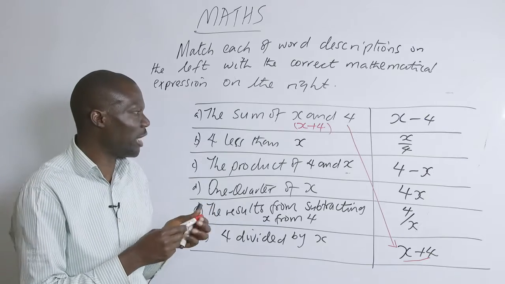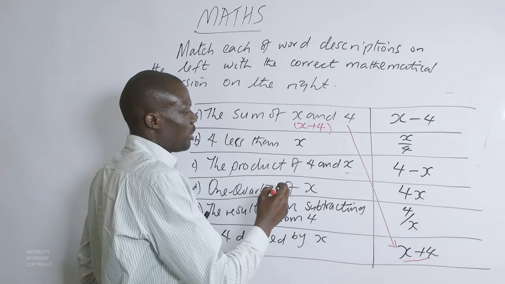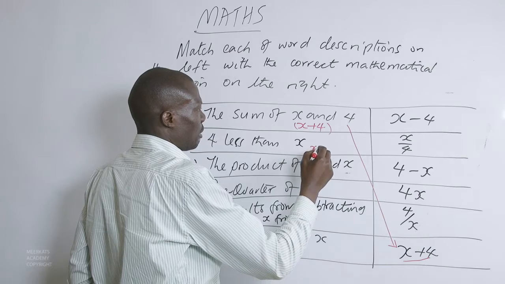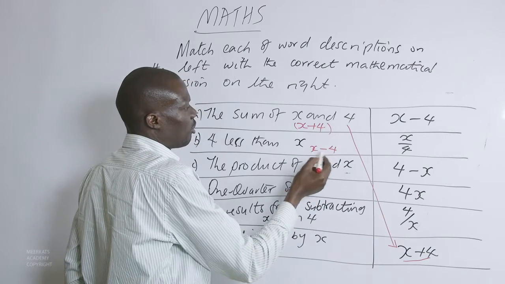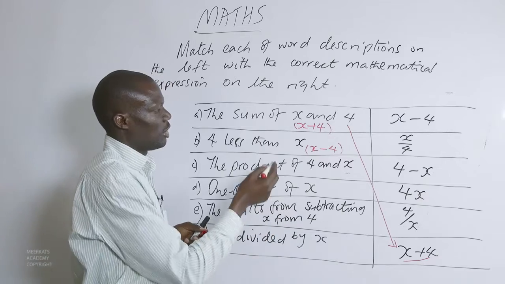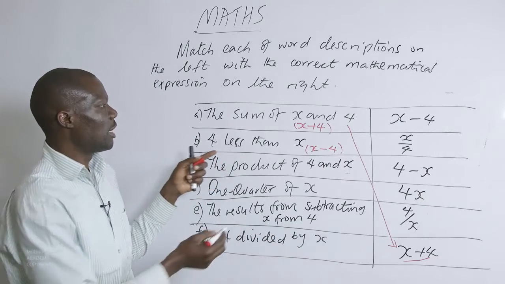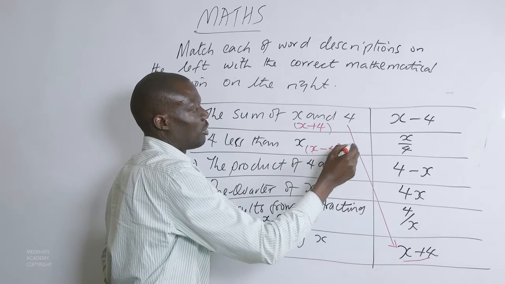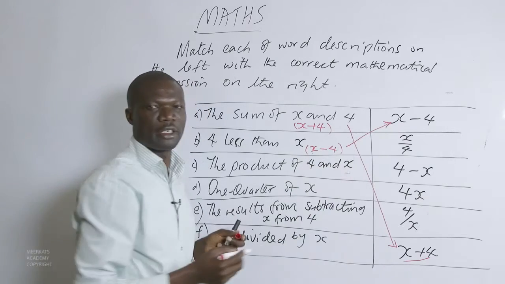So 4 less than x, we expect it to be x minus 4. In this particular case, you realize that the expression that matches this one is this one here, so I'll simply match it like that.